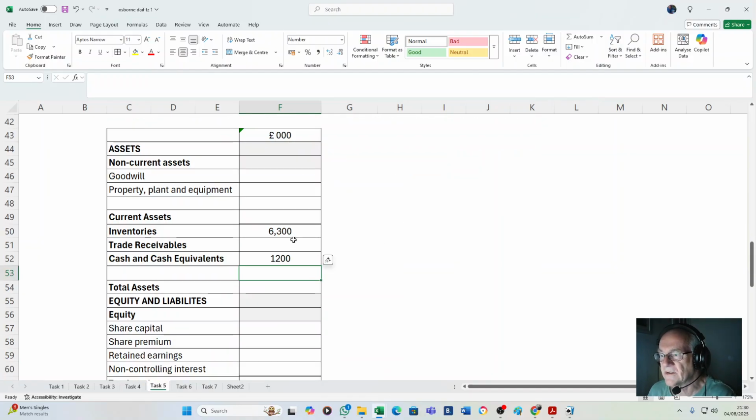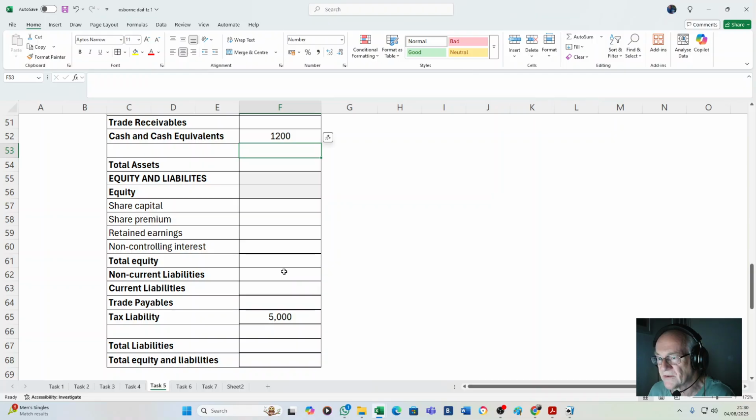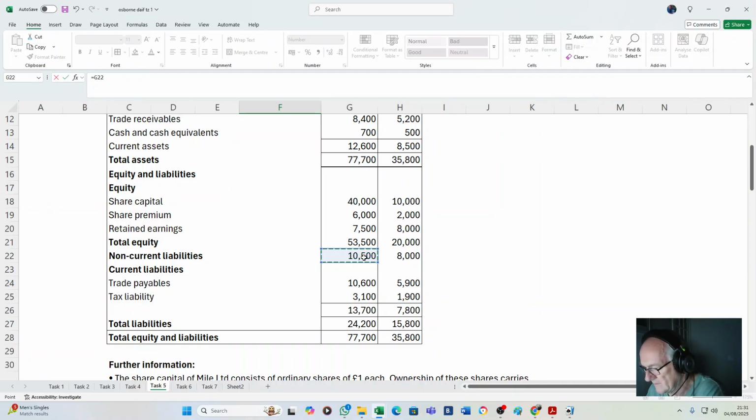So those are just the two added together. Everything else so far, that's adjustments, adjustments, adjustments. And non-current liabilities, it isn't any intercompany loan, so they both got loans. We're just going to add the two together.